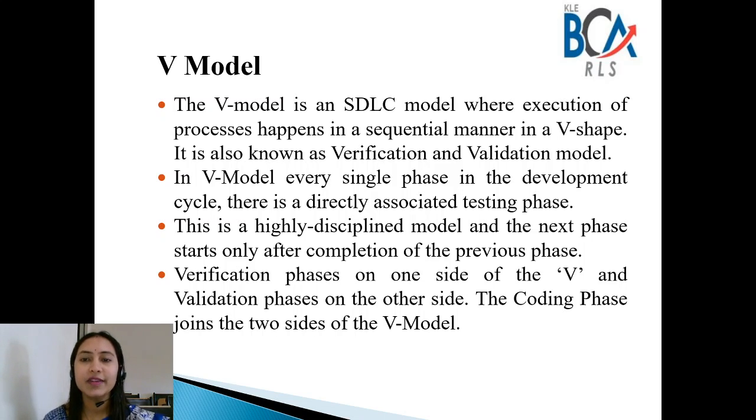Every single phase in the development cycle is directly associated with a testing phase. Like I have told, as you start the development phases, the testing phase is also started at that time itself. And it is a highly disciplined model, as I've told you, because a phase starts only after completing the previous phase, with verification on one side and validation on the other side.